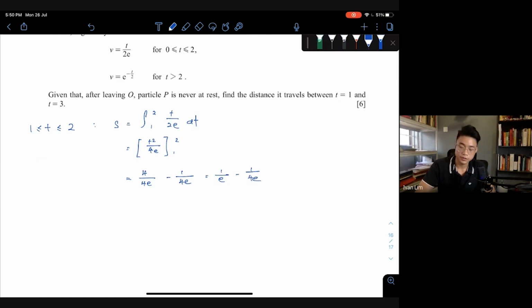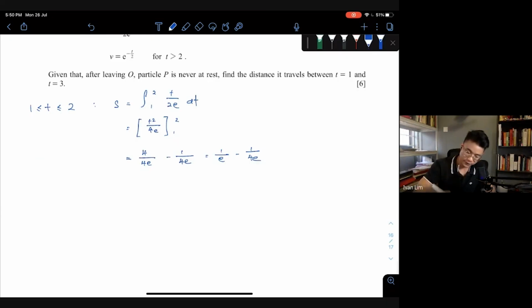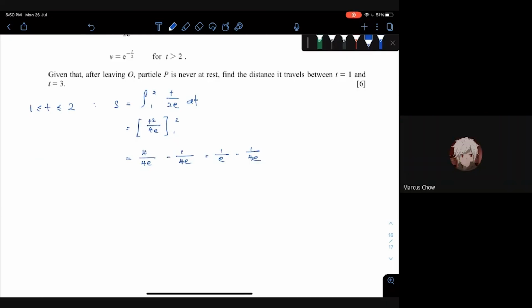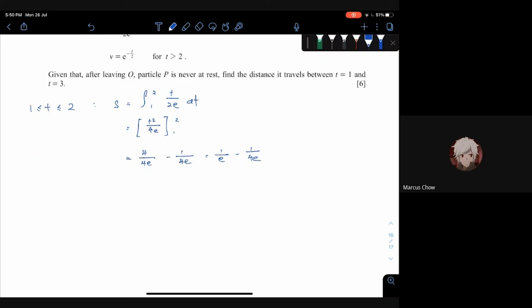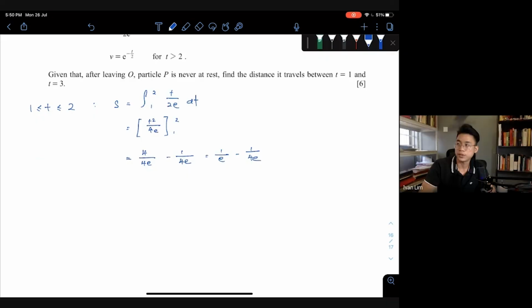Yes, this is the value. The e is at the bottom.